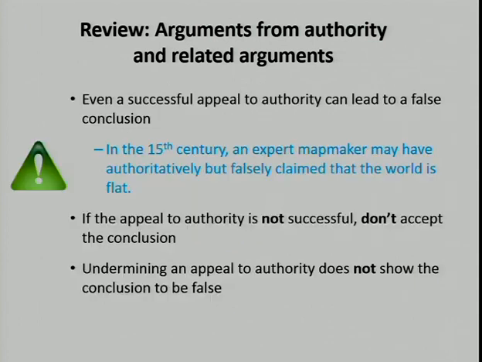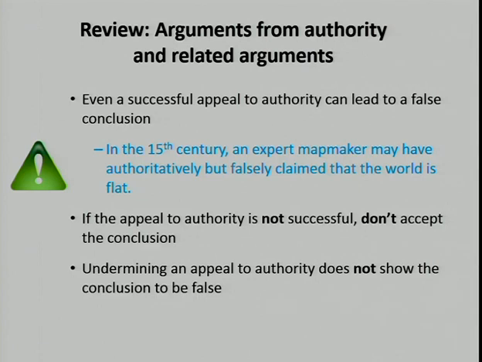And that's just the final reminder. Appeals to authority can be good, but the conclusion can still be wrong, right? So it's not guaranteed to be true, even if the appeal to authority is very strong. Historical examples of that exist, and you can think of more than the one on this slide.